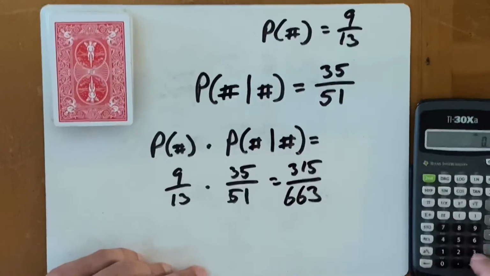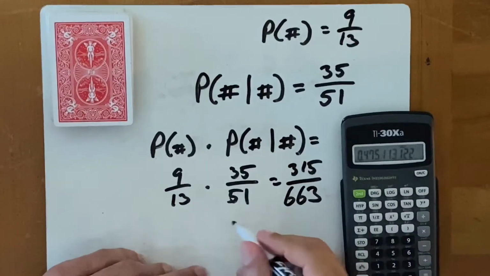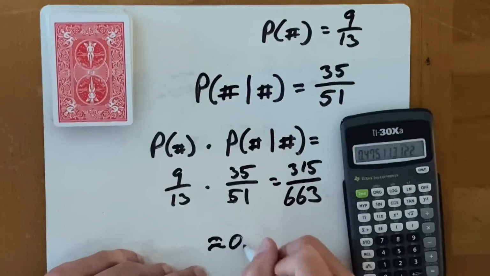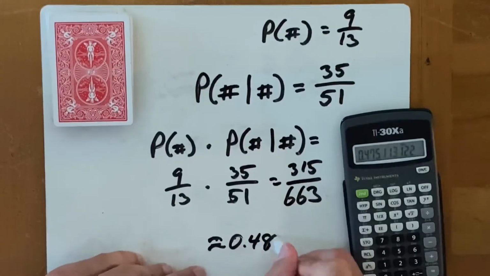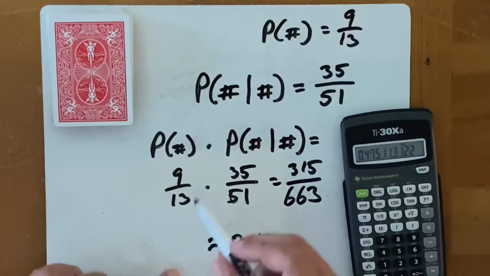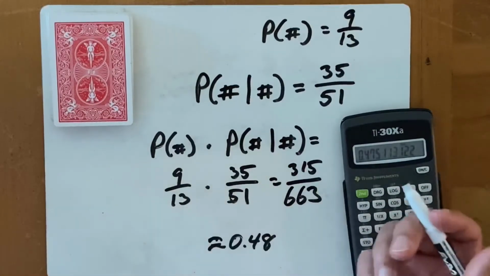If I wanted to put that into decimal or percentage form, I would just divide those and end up with a probability of approximately 0.48, or about half. So there's almost a 50% chance that I'm going to pull out two number cards back to back without replacement.